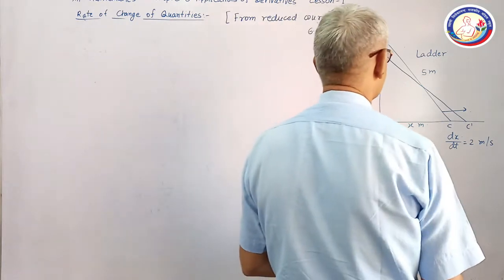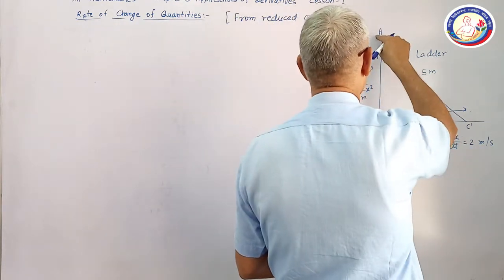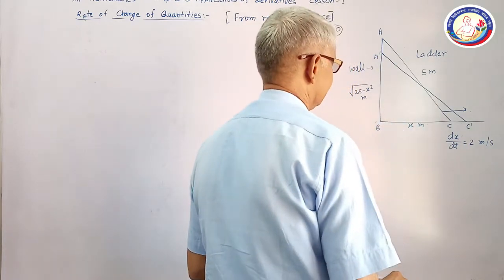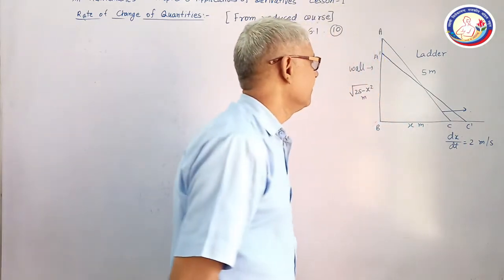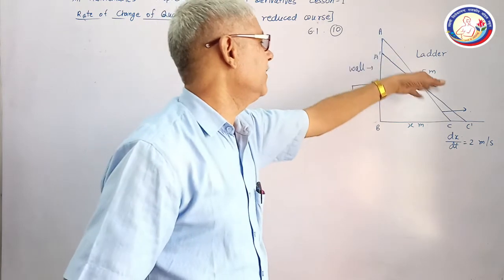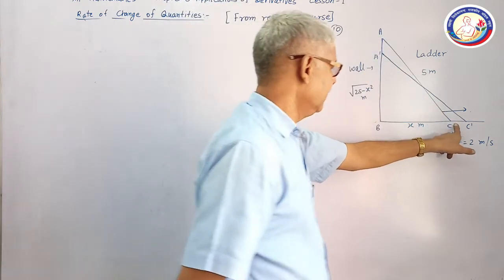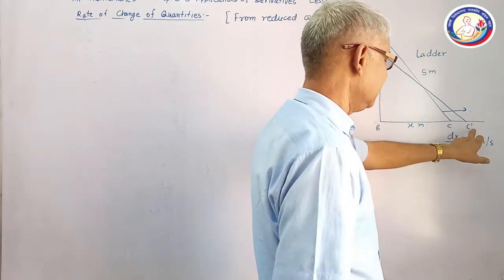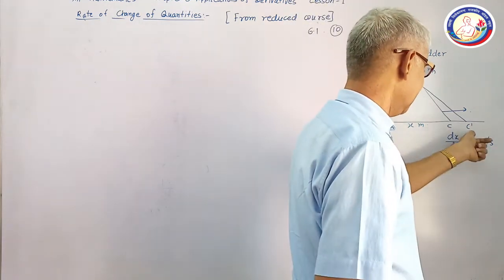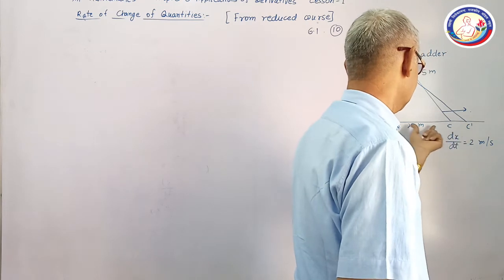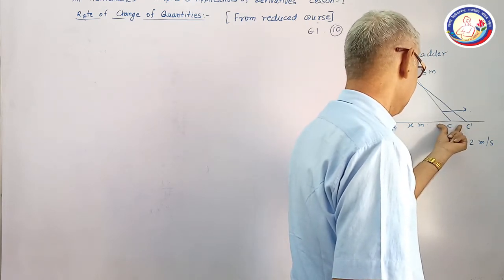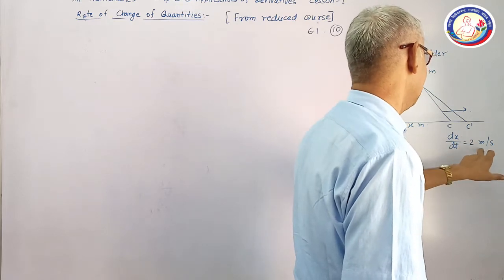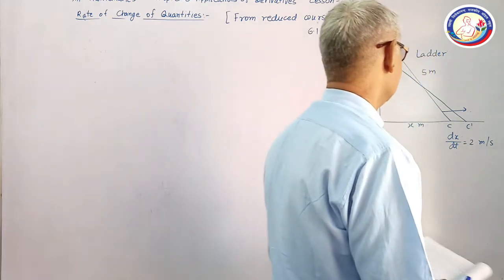Now we have to find at which rate this end is sliding down. So we can understand it by figure. This AC is the initial position, and if the ladder is A dash C dash, then the rate of change in this distance, this side C dash, is at the rate of dx by dt, 2 meters per second.